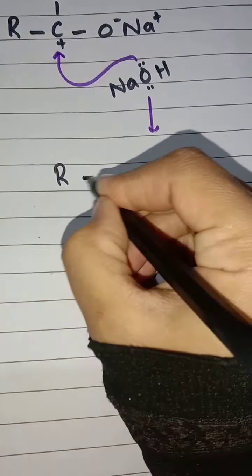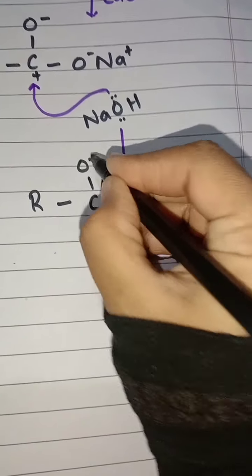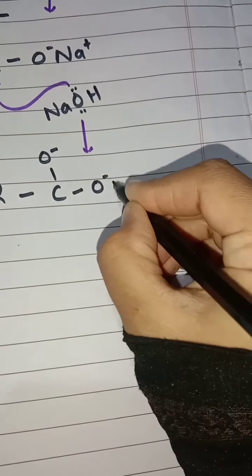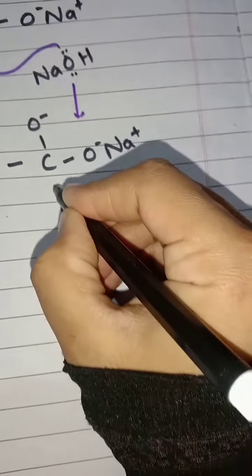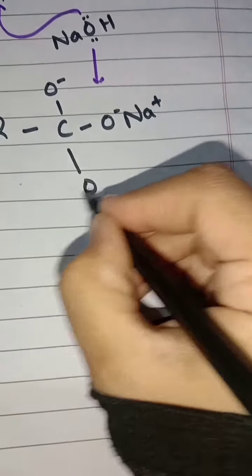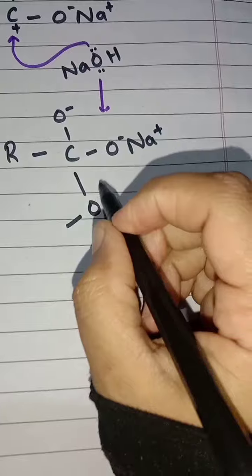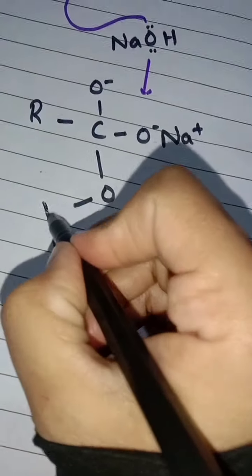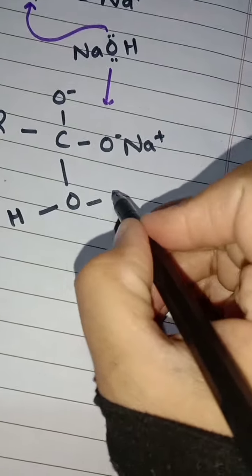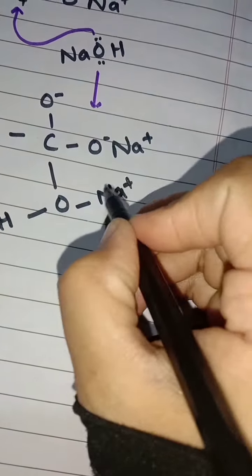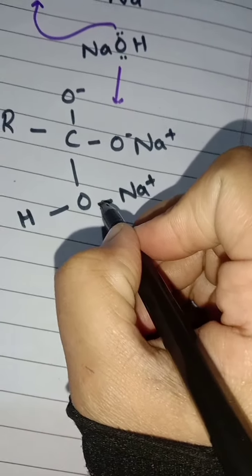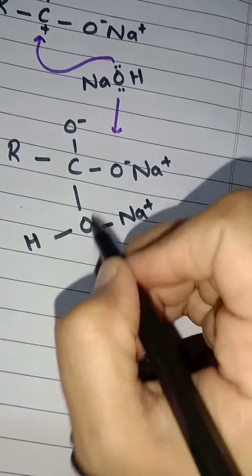In the form of bonding, a bond will form from this oxygen. Now it forms 3 bonds: 1, 2, 3.